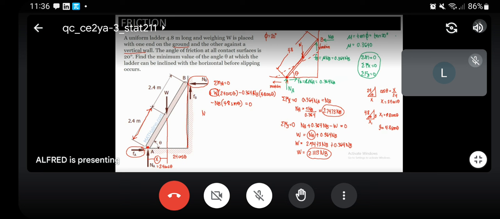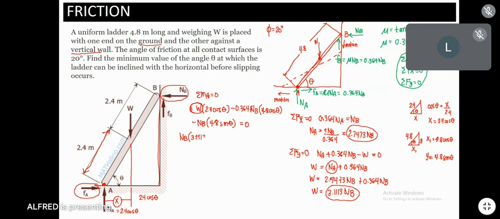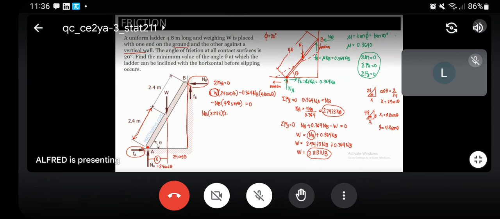So this is NB times 3.1113 times 2.4 cosine of theta minus 0.364 NB times 4.8 cosine of theta and then minus NB times 4.8 sine of theta is equal to 0.